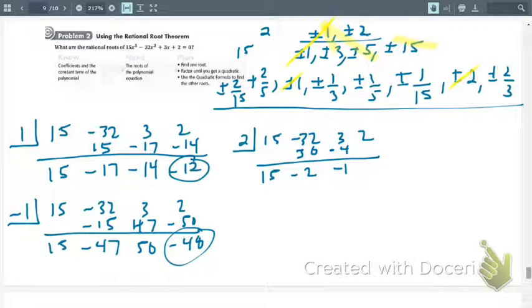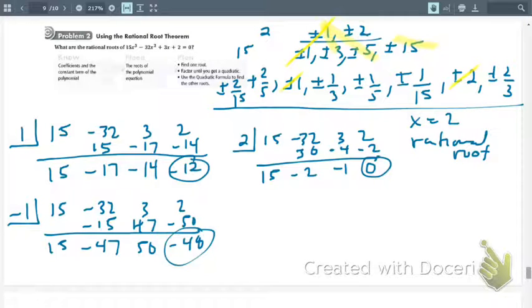Aha! 2 times negative 1 is negative 2. 2 minus 2 is 0. And this is huge. So we know that x equaling 2 is a rational root. Okay?